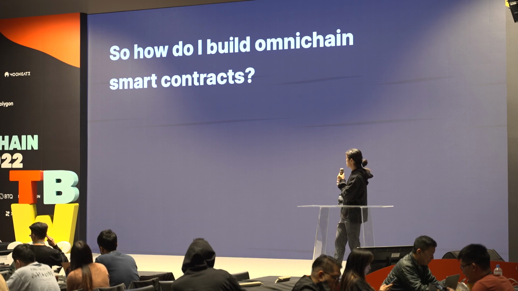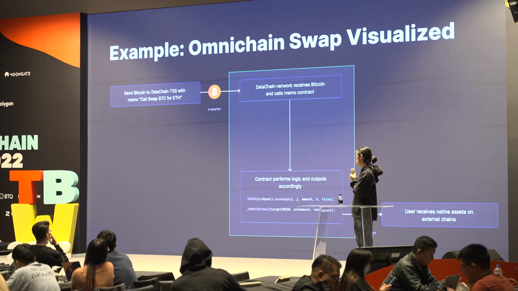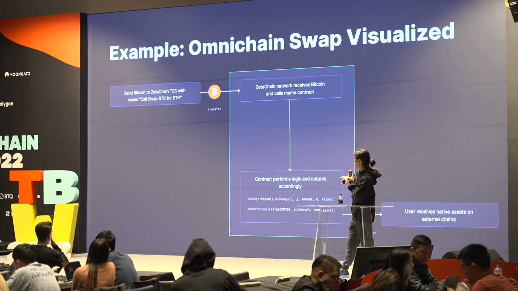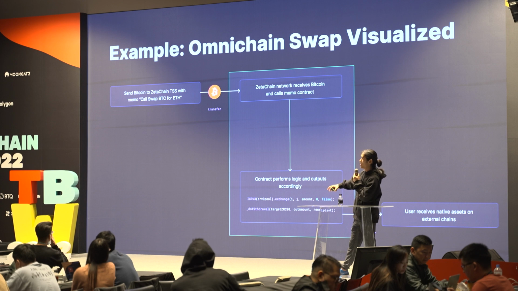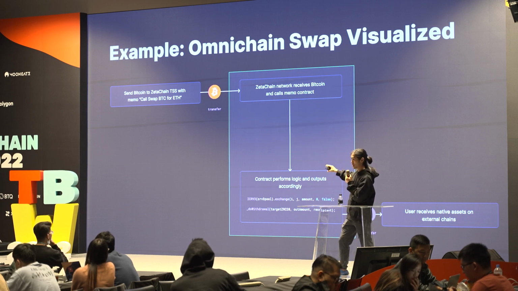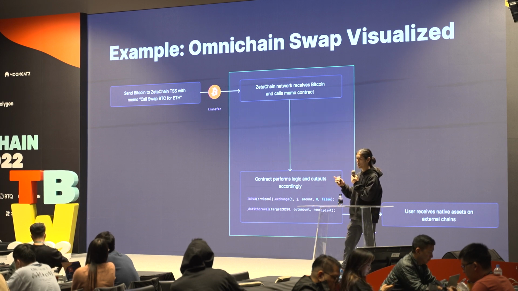So how do I build Omnichain Smart Contracts? This is a quick visualization of what it looks like from a user standpoint and how it works internally. So if you wanted to do a Bitcoin swap, say on that Curve example, your Bitcoin wallet or whatever application you're interfacing with will send Bitcoin just like a simple transfer. And there's a thing called OP_RETURN where you can include a memo.